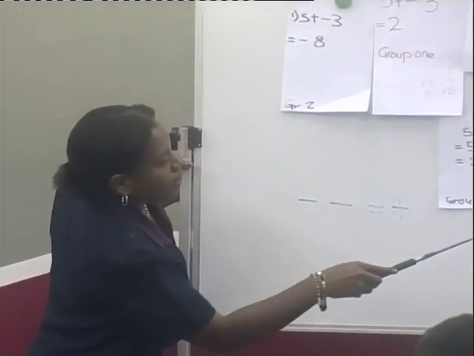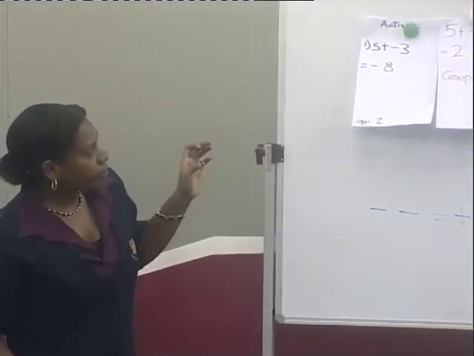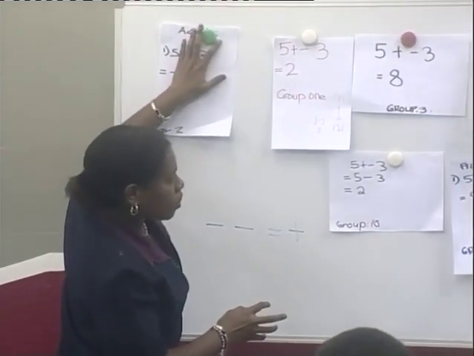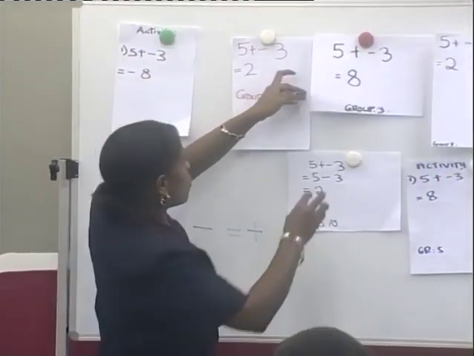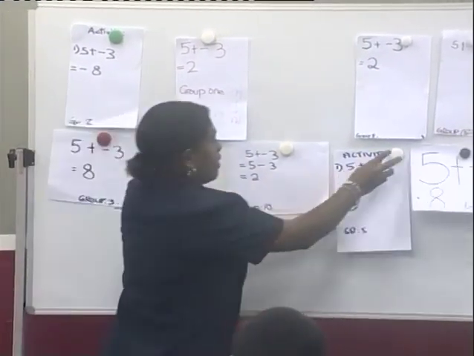All right, let's see. It looks like all the 8s and 2s. So let's put all the 8s on one side.